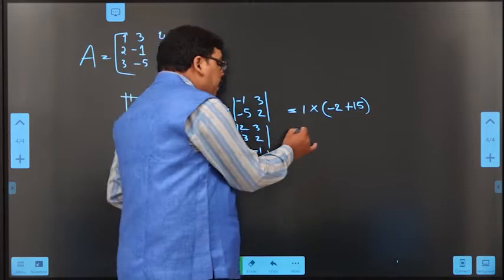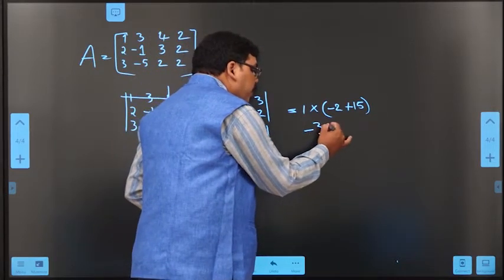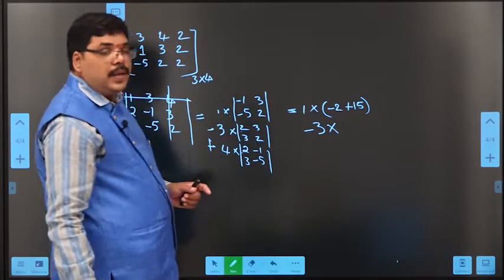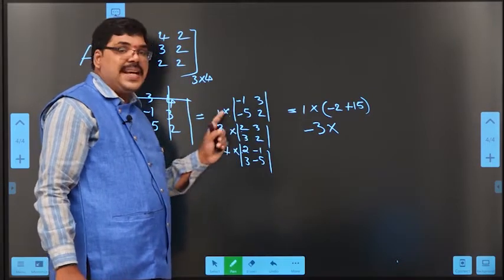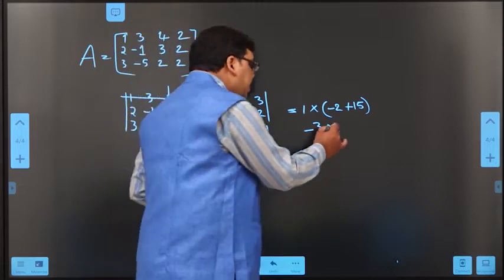Next, minus 3 into determinant of this 2 by 2 matrix. 2 into 2, 4, minus 3 into 3, 9.